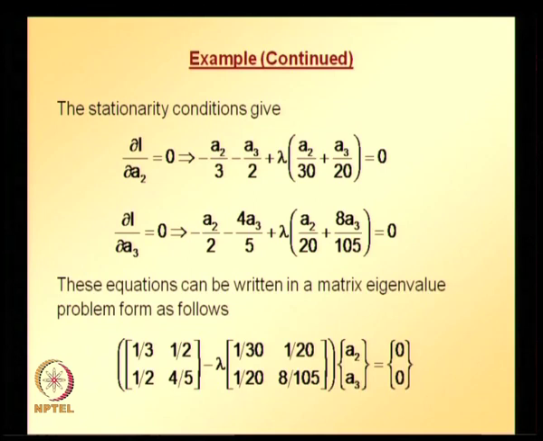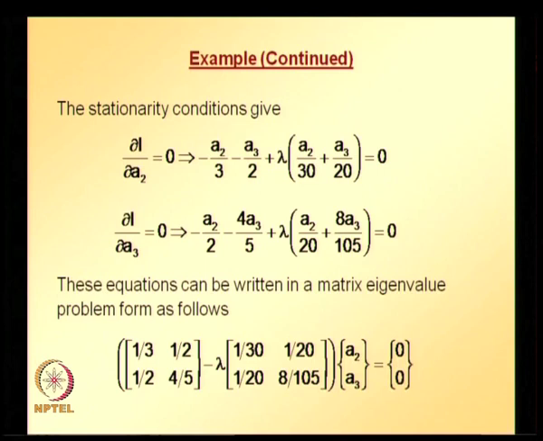For non-trivial solutions, that is, non-zero values of a2, a3, one of them can be 0, but both of them cannot be 0. So for a non-zero a2, a3 vector, the condition for a non-trivial solution is that the determinant of (A minus lambda B) should be equal to 0, which results in a characteristic equation.